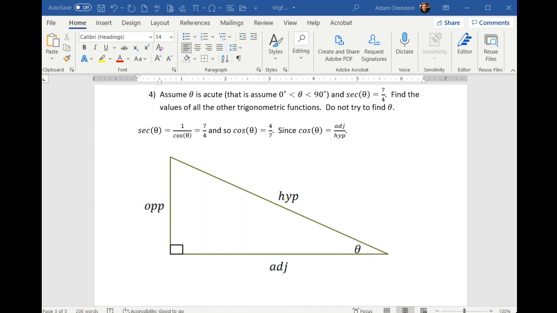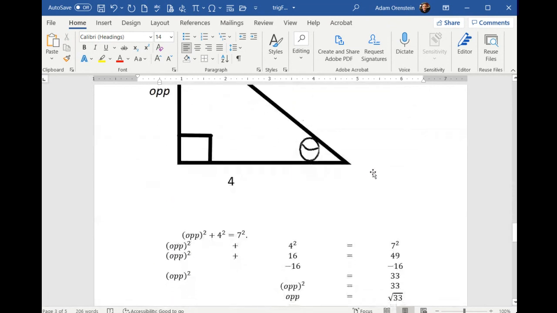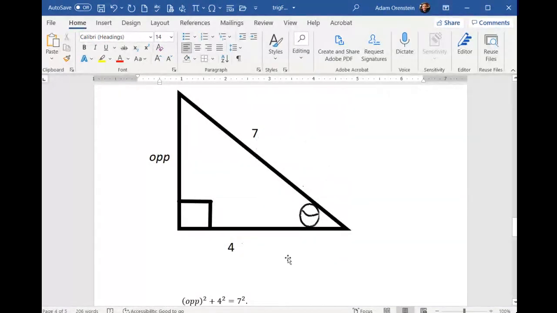So let's make the adjacent side of length 4 and let the hypotenuse have length 7. Again, we want a right triangle where this is true. Cosine of theta is 4 divided by 7. So I'm going to take the adjacent side to have length 4 and the hypotenuse to have length 7, and we're roughly going to get this triangle.